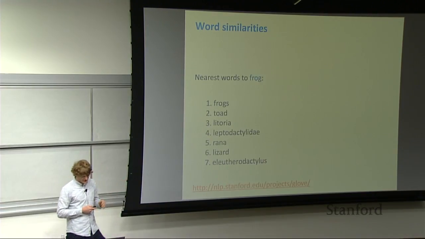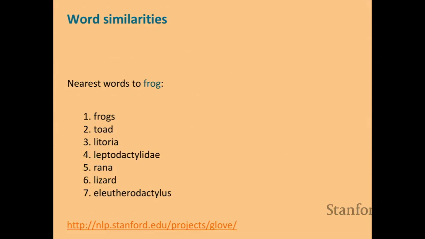What's amazing is we can actually look at the similarities. So we just look at a word in this 100-dimensional space, and we look at what other words are close to it, in just simple Euclidean distances or things like that. And what's fascinating is the nearest words to frog, for instance, are toad, which most people would still know, and then Litoria, which is a little more expert knowledge, and then all these various other terms I'm not even going to try to pronounce.